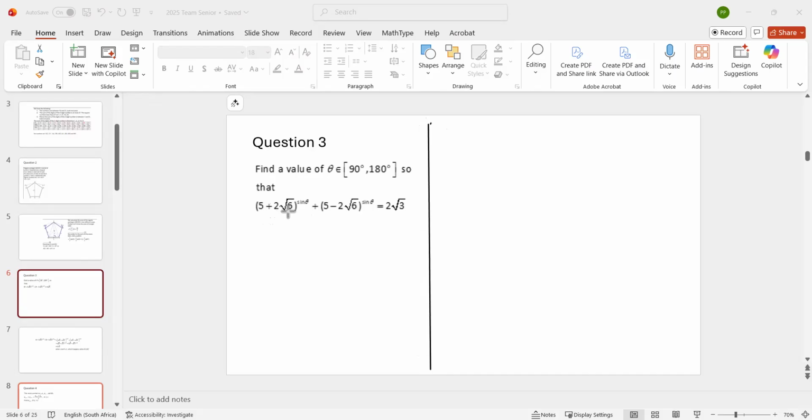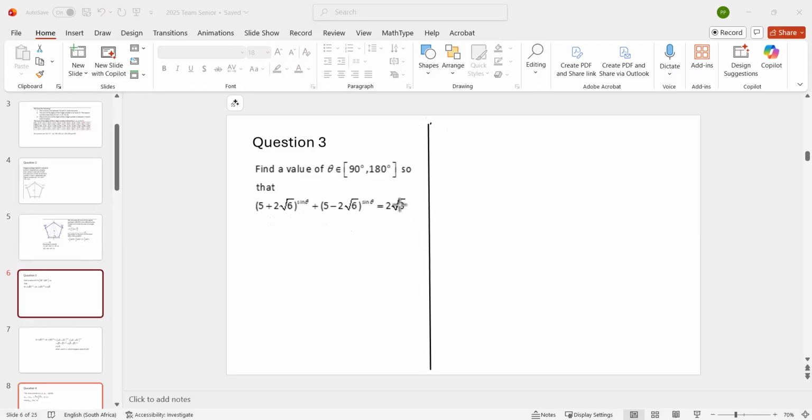You got 5 plus 2 root 6 to the power of sine theta. Oh, that's a nasty piece of work. And this is 5 minus 2 root 6. Okay, these two are nicely related, to the power of sine theta is equal to 2 root 3.